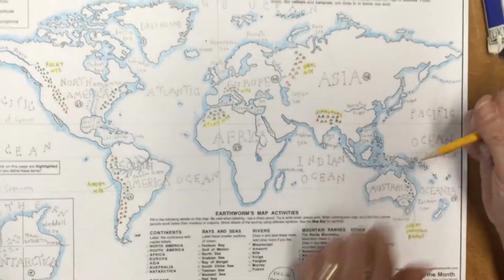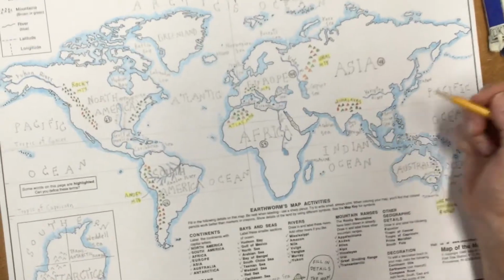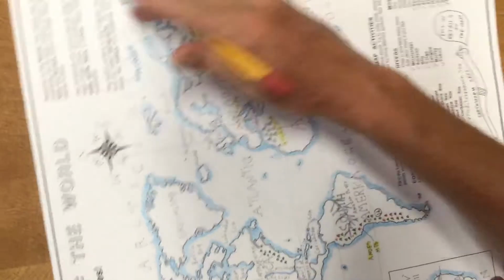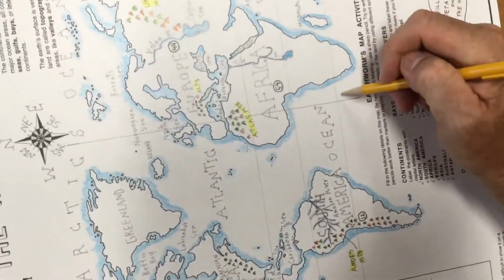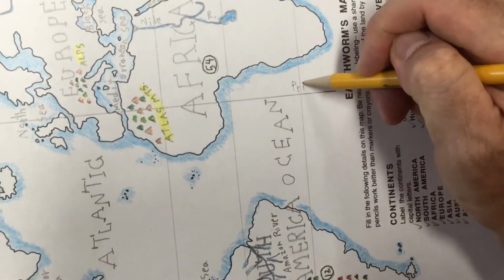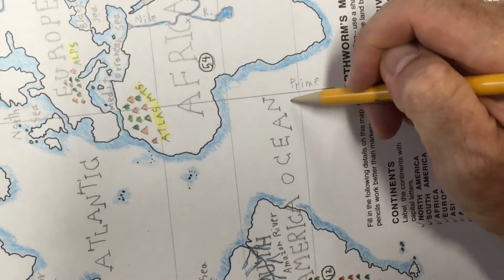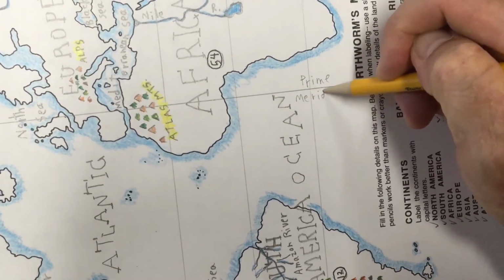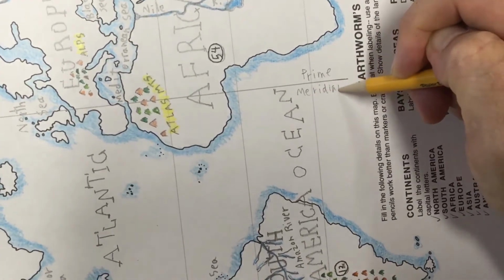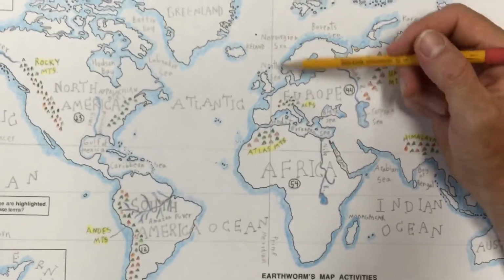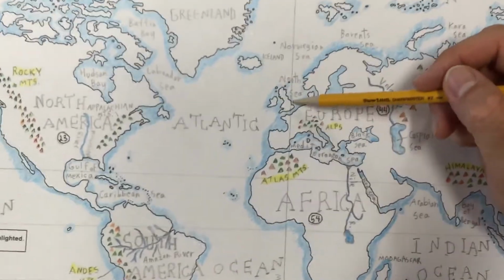Okay, so I'm going to put a label. This might be a good place to put it down at the bottom. All right, prime meridian. You can see the prime meridian runs, famous for running through Greenwich, England.